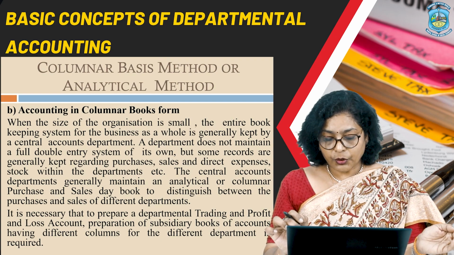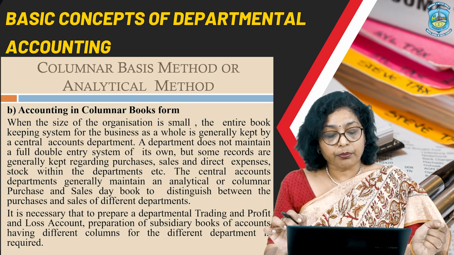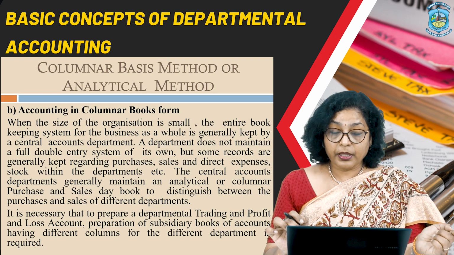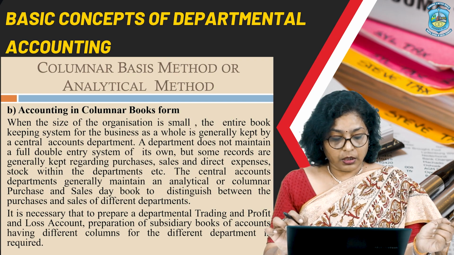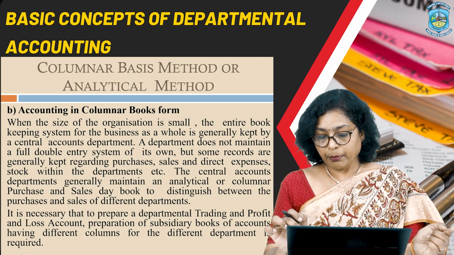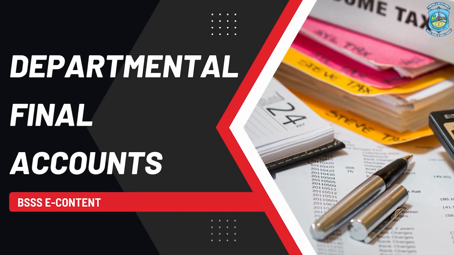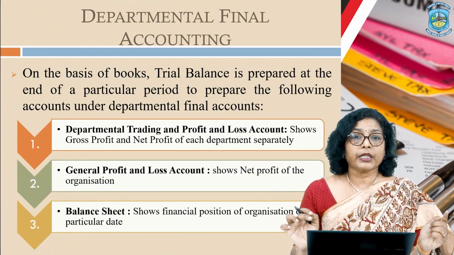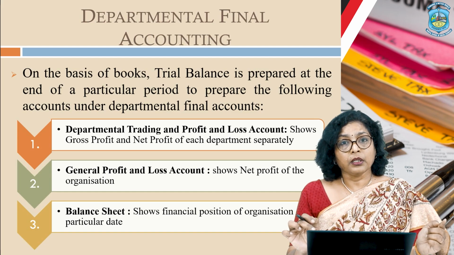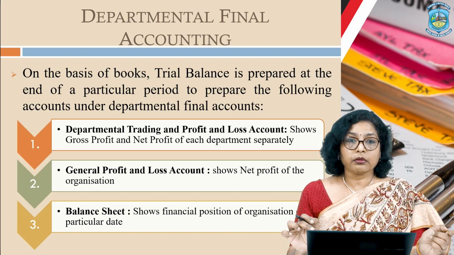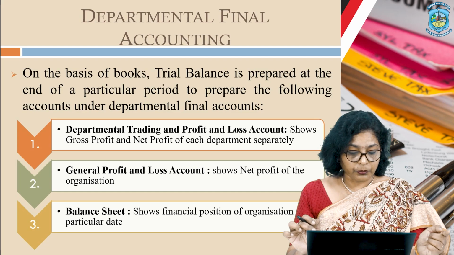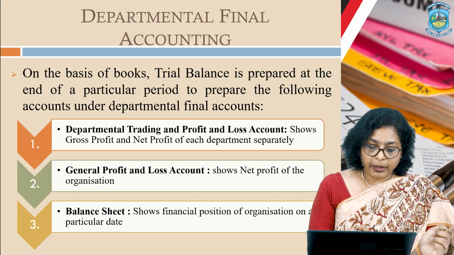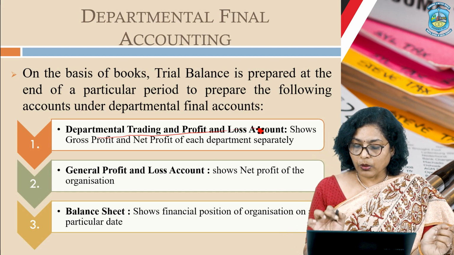It is necessary to prepare departmental trading and profit and loss account and to prepare subsidiary books in different columns for the different departments. Now, with the help of these books, we will prepare a trial balance, which will help in preparing the departmental final accounts. The first is the departmental trading and profit and loss account.